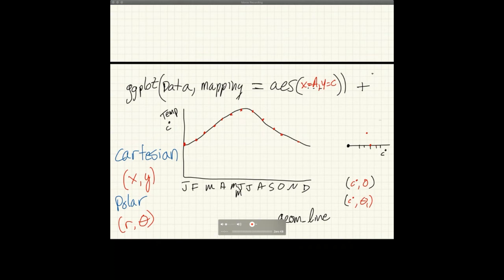And likewise, to plot the March temperature, I find its location on the radius and go around to the March temperature. And so a plot like this would manifest the climate curve as something like an ellipse.